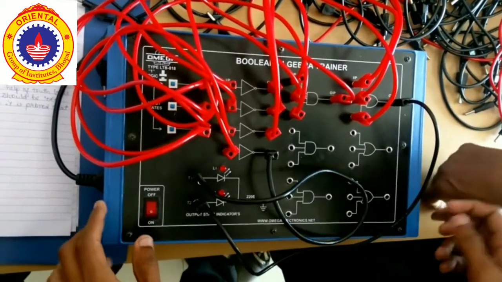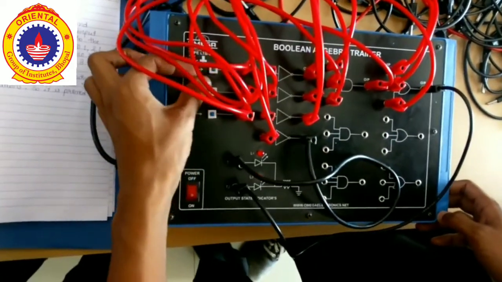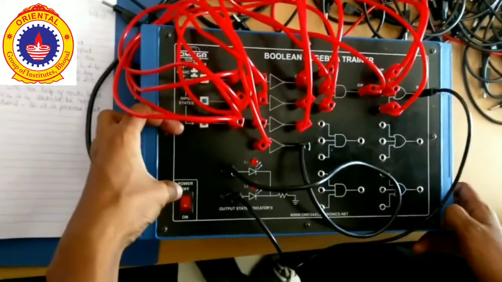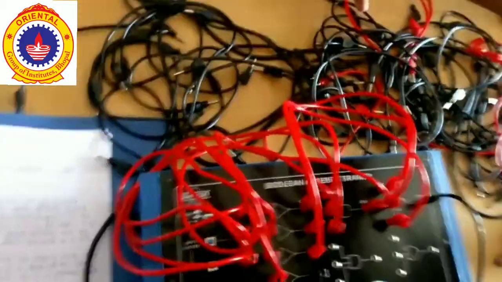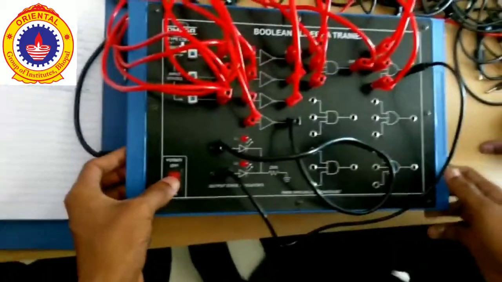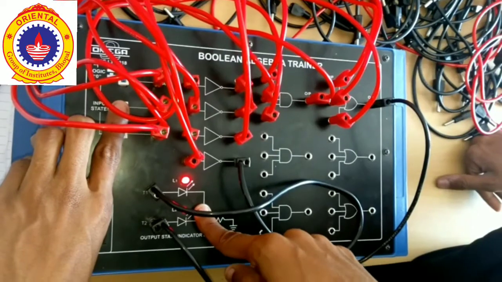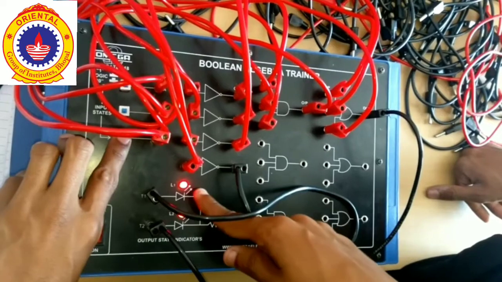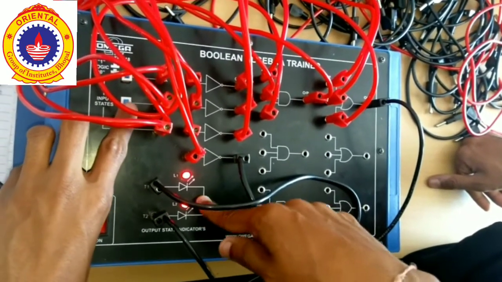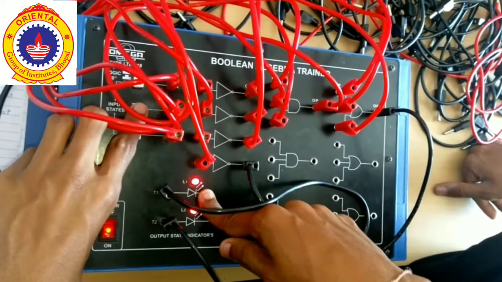Switching on, we see that both outputs are the same. As per our logic, when we change the inputs, both the LEDs again blink in the same way. It means both the outputs are the same.